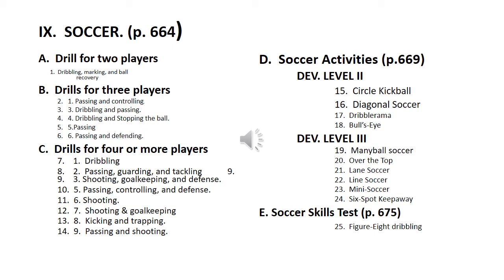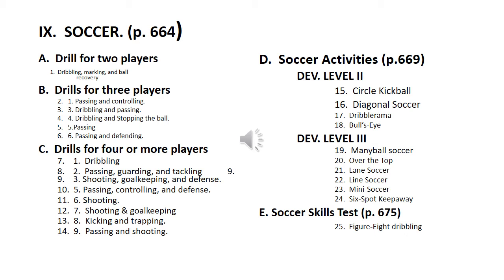Drills for 4 or more players. Whoever picks number 7 under drills for 4 or more players will teach number 1, dribbling, and figure 27.12 needs to be included in your typed activities. Number 8 will teach number 2, passing, guarding, and tackling, and you see figure 27.13 diagram there that needs to be included in your typed activity.